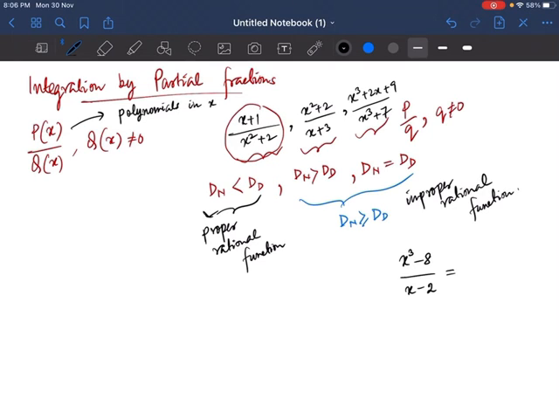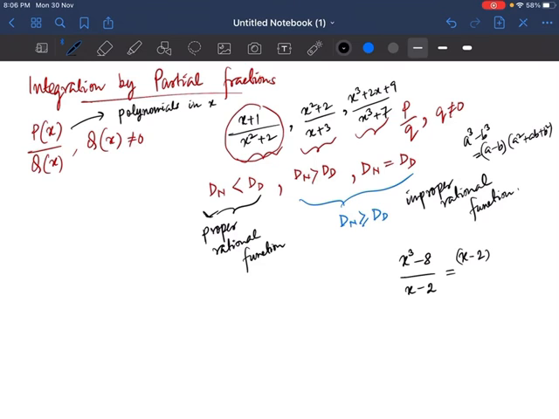I will write the denominator as x minus 2. I know the a cube minus b cube formula, which is (a minus b)(a square plus ab plus b square).